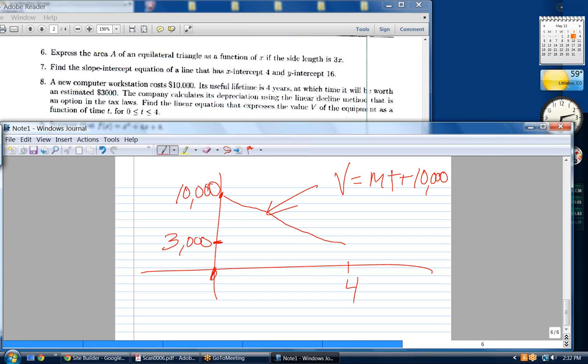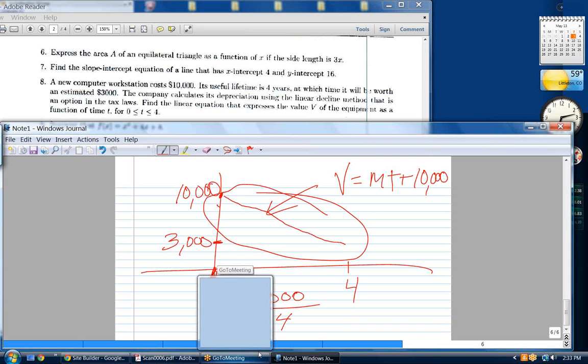Now, how do we figure out m, the slope? Look at and calculate the slope of this line. What's the slope of that line? 7,000 over 4. Okay, so V is equal to 7,000 over 4 times t plus 10,000.